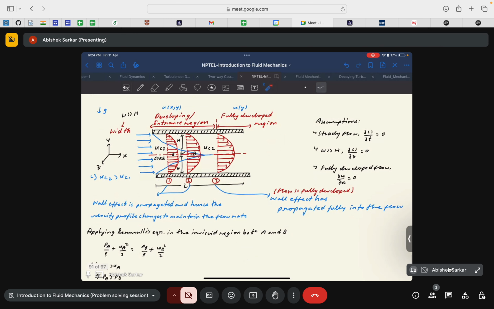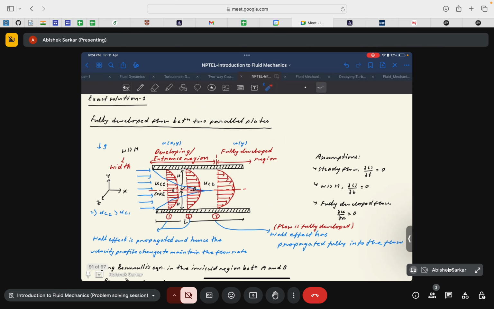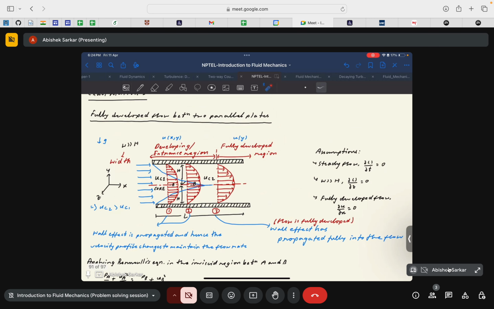Of course, there can be a very detailed analysis of the developing region, which can be discussed thoroughly in a separate class. But for this solution, our main focus should be on the fully developed region and finding the velocity profile there.